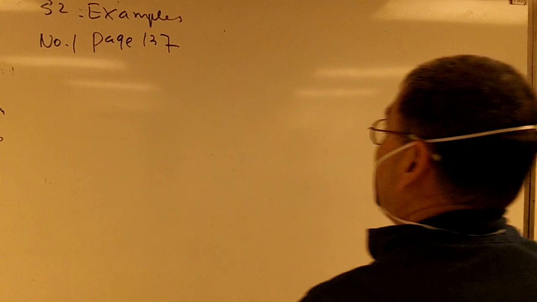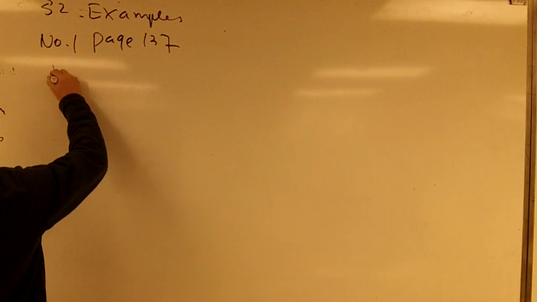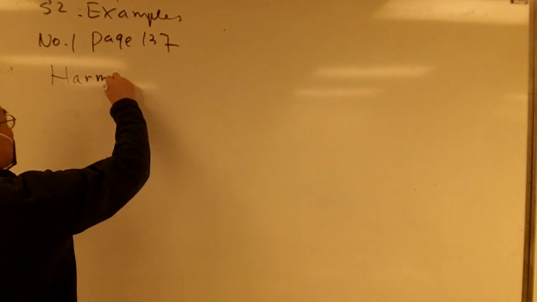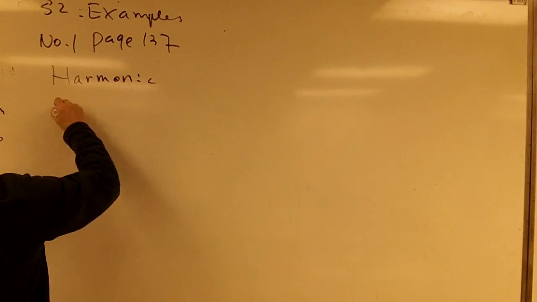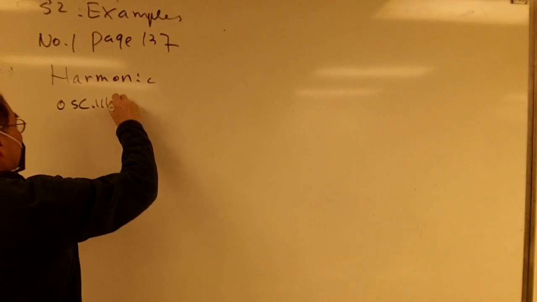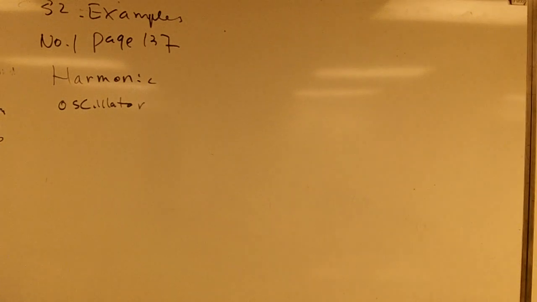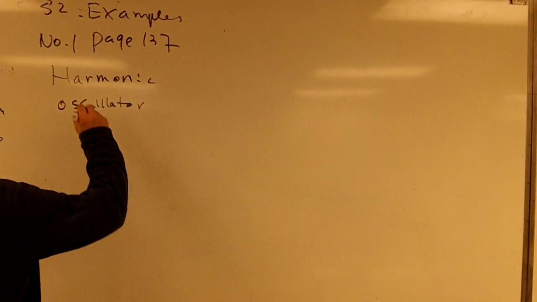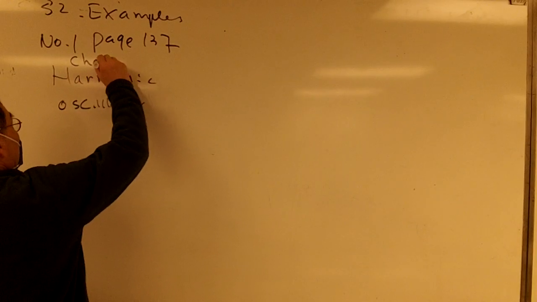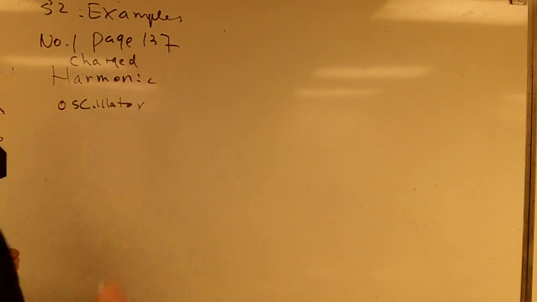This is excellent. So the first is a harmonic oscillator. This harmonic oscillator is different. It's non-neutral. It's called a charged harmonic oscillator. Essentially, we attach a charge to the harmonic oscillator.